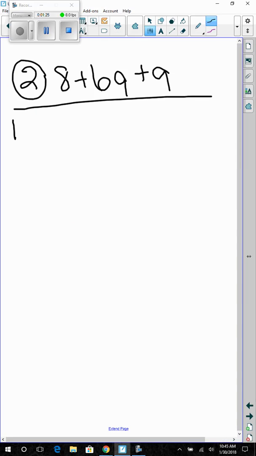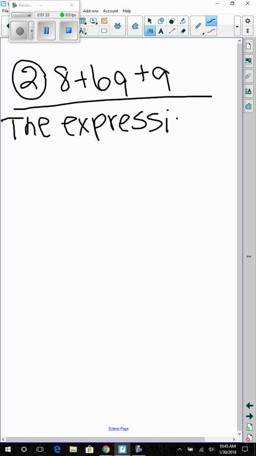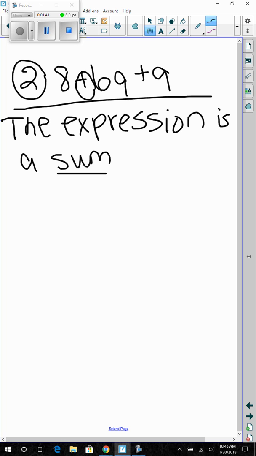The expression is a sum. We get this word because of the addition sign there, of 3 terms.